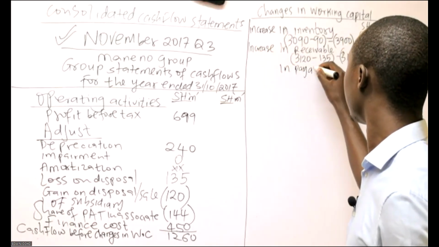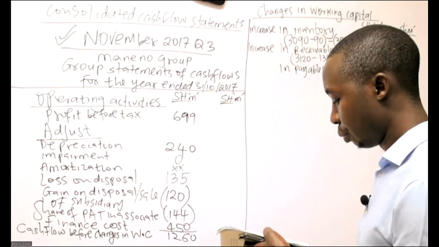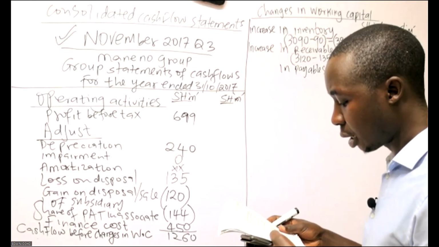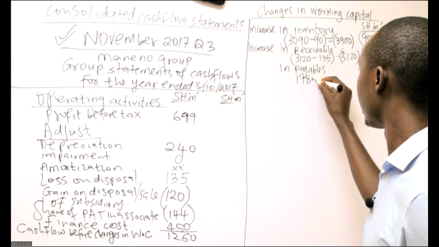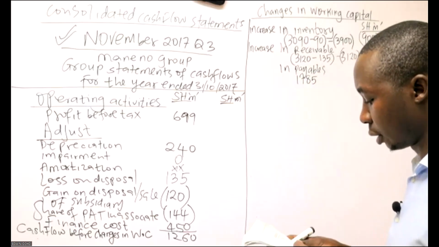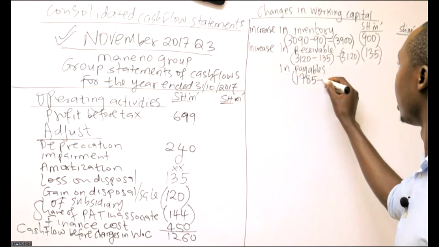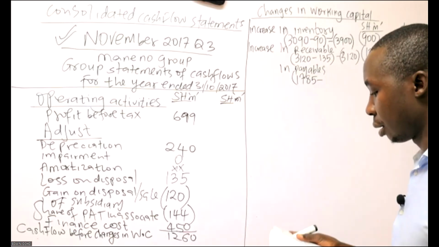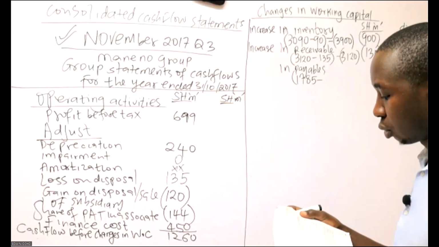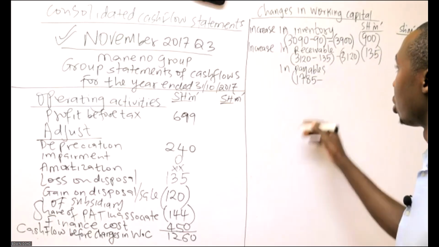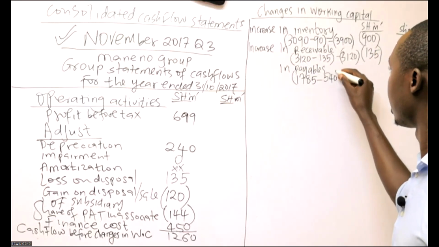For payables under current liabilities, from the initial period, that is in 2016, it was 1785. I deduct the payables, which is in note 3, on the disposed subsidiary, 540.